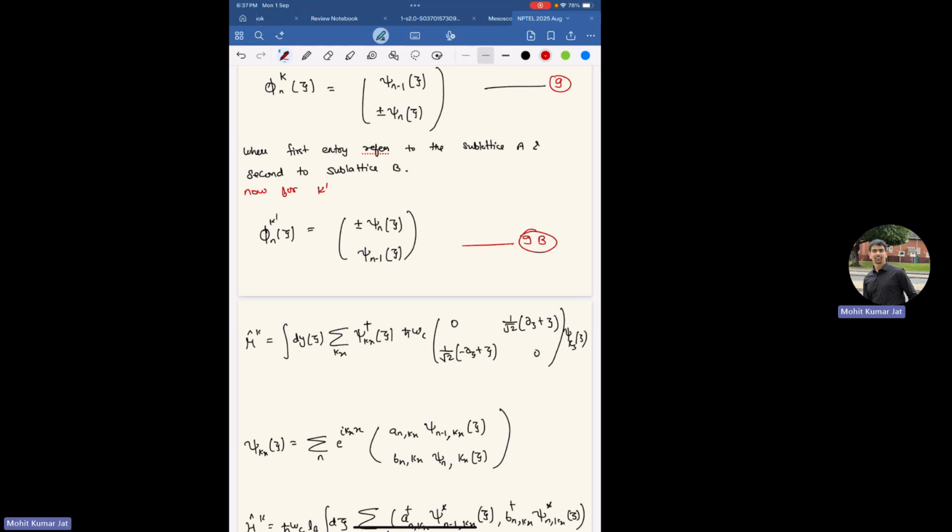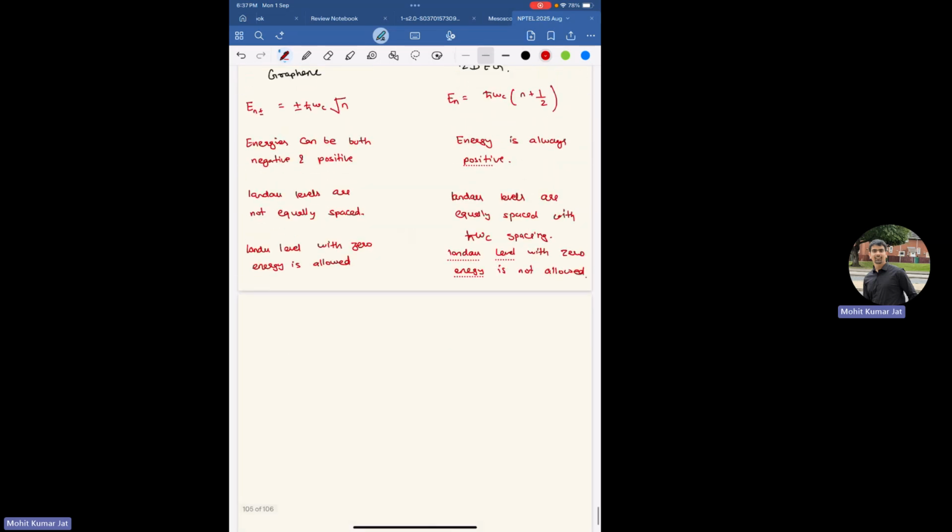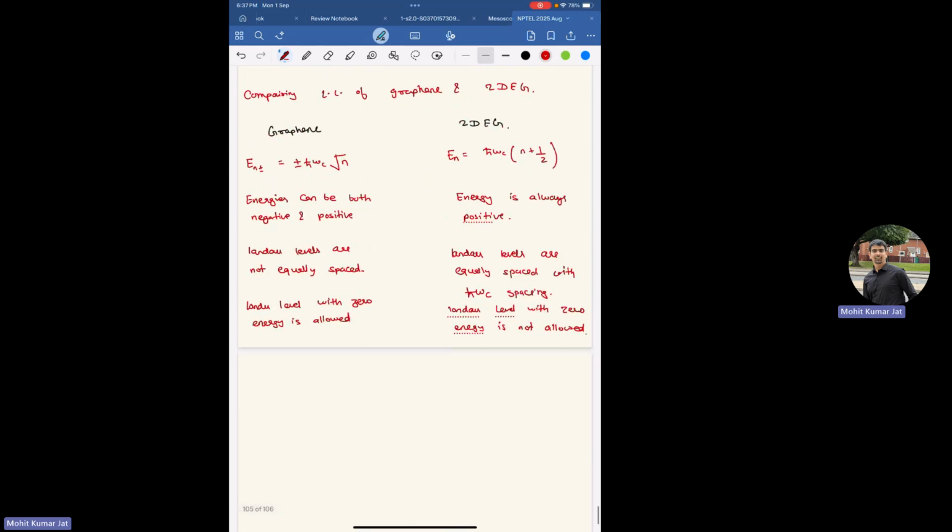And the degeneracy of these Landau levels can also be estimated, like if we do for the 2DEG system.